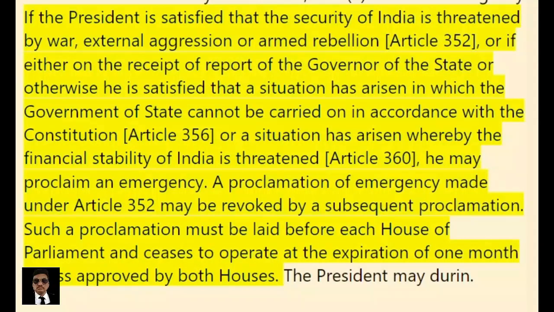A proclamation of emergency made under Article 352 may be revoked by a subsequent proclamation. Such a proclamation must be laid before each House of Parliament and ceases to operate at the expiration of one month unless approved by both Houses.